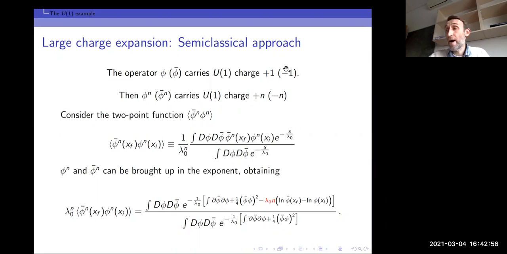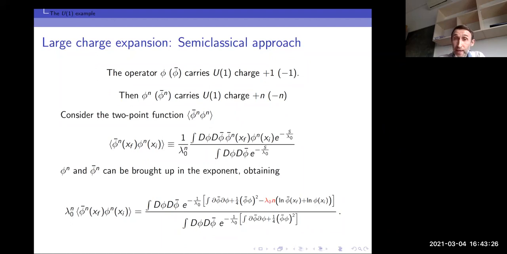And so phi^n and phi bar^n fields carry charge plus n or minus n, as you see here. So we're going to consider the 2-point function of phi^n and phi bar^n. And again, the fields are rescaled as before on the previous slides. So we have this path integral representation of the correlator, as you see here. And the insertion points are now phi bar^n and phi^n.